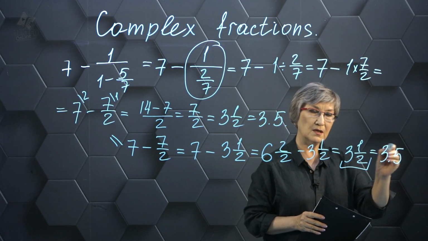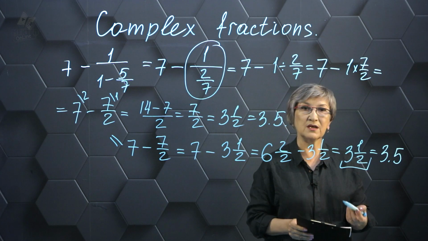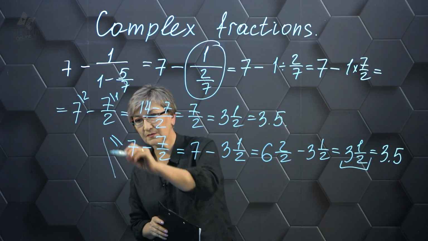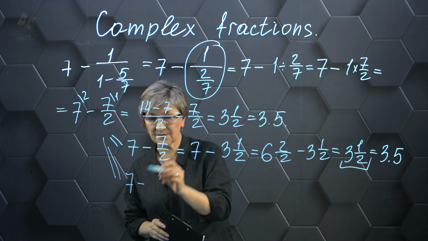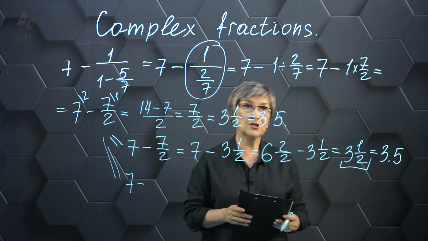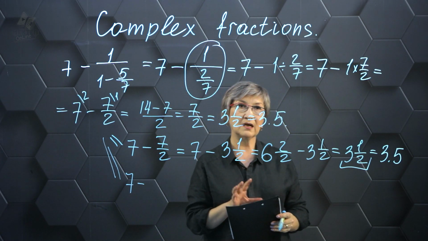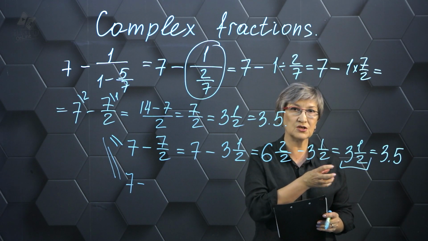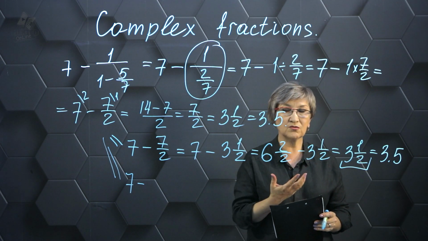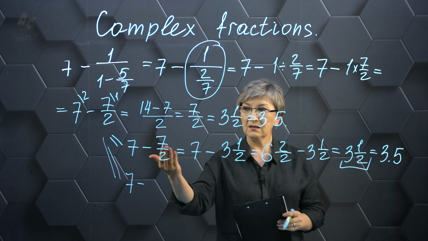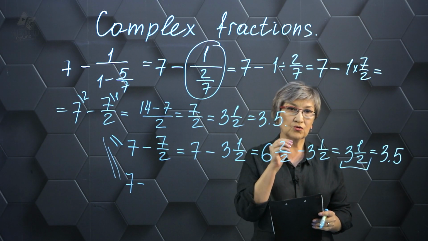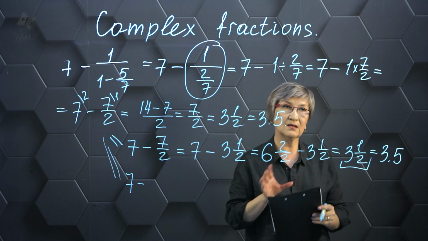3.50. We can perform this action using decimal notation. Let's write down the solution again: 7 minus 7/2. In the previous lessons, we talked about how to write an ordinary fraction as a decimal fraction. What do we need to do this? If the fraction line is a division sign, then 7 must be divided by 2.